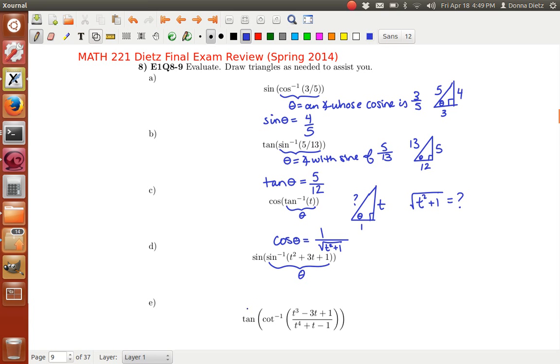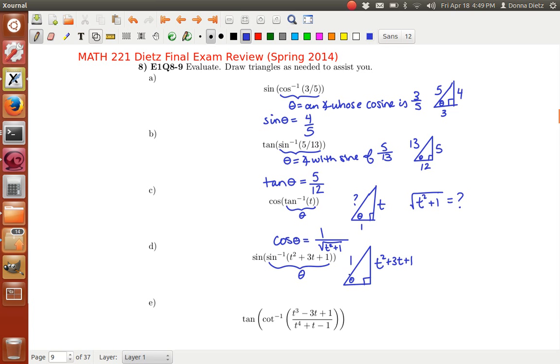Now what? This is an angle whose sine is something. If you don't notice that sine and angle whose sine are inverse functions, let's say for a moment that you didn't notice that, and you just blindly went ahead and made yourself a triangle. What would you say? An angle whose sine is, what is sine? The sine has to go on this side over the hypotenuse.